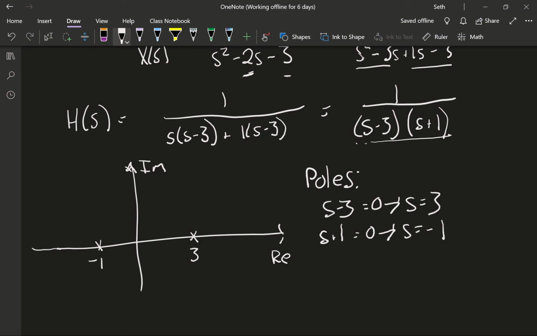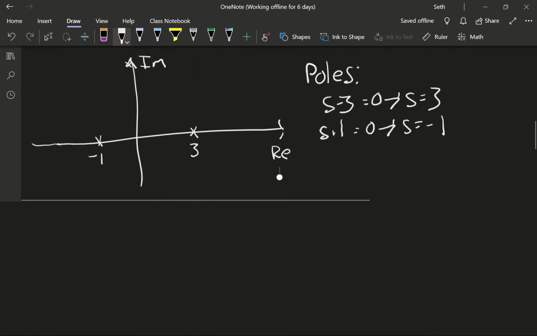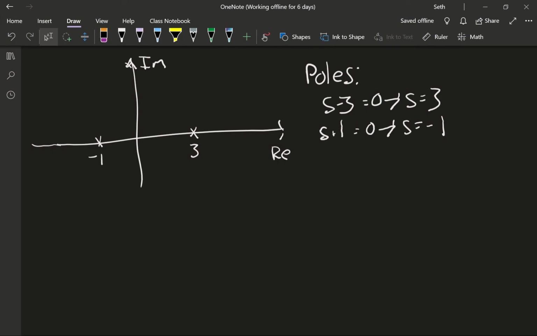So that's A. B asks us to find h(t) if the system is causal.